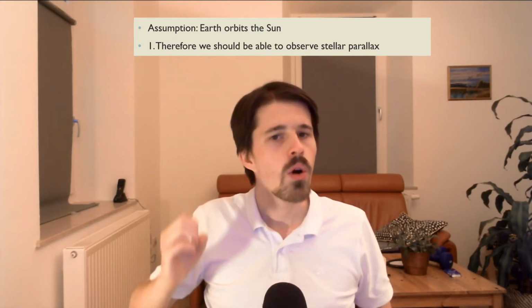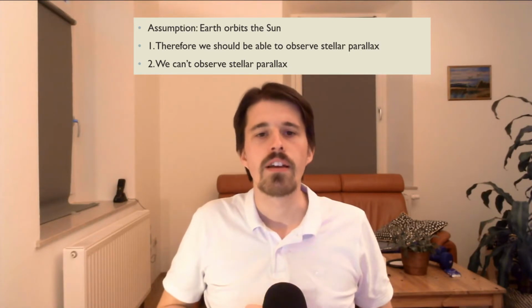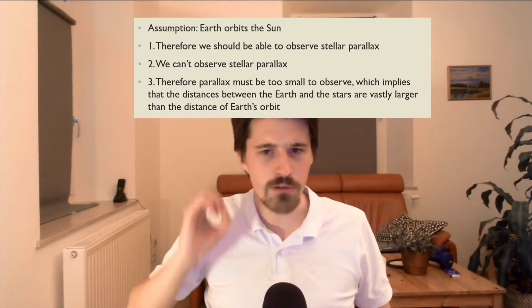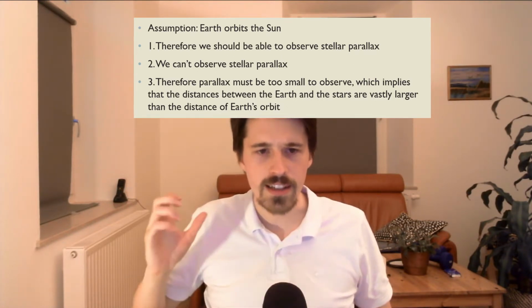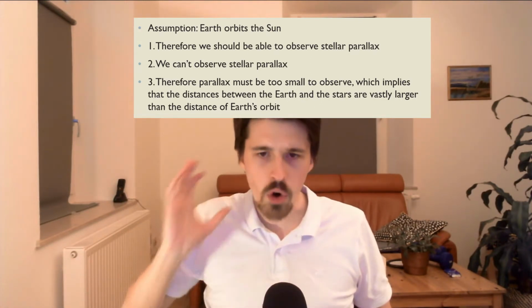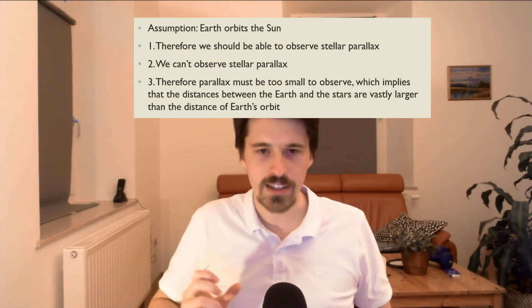But with the best equipment available at the time, we are not able to observe stellar parallax. Number three, if 1 and 2 are true, then this must mean that the parallax is extremely small. And this implies that the distances between the Earth and the stars are so enormously large as to make the distance of Earth's orbit insignificant in comparison.